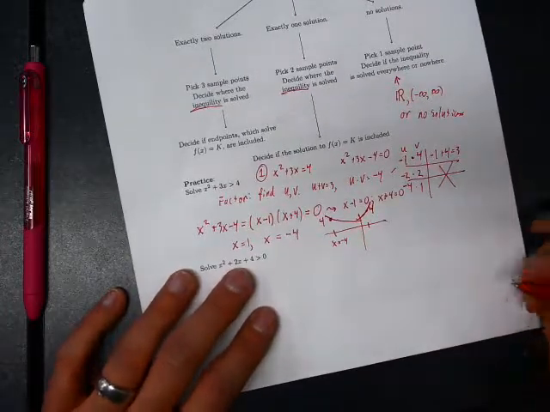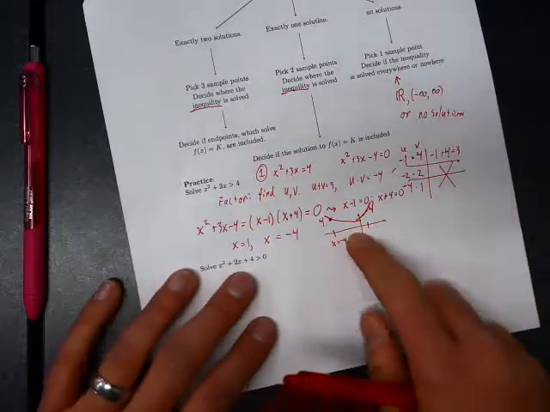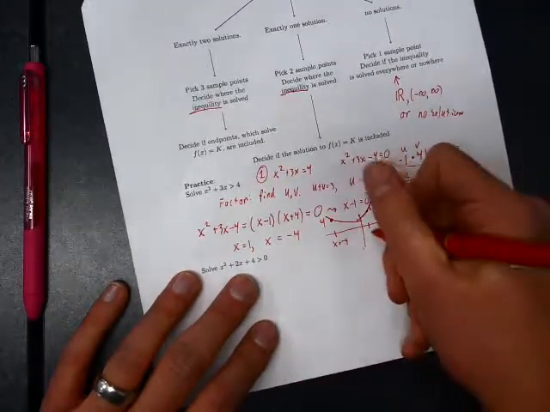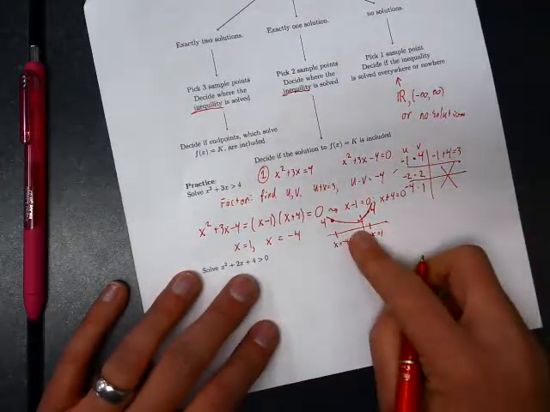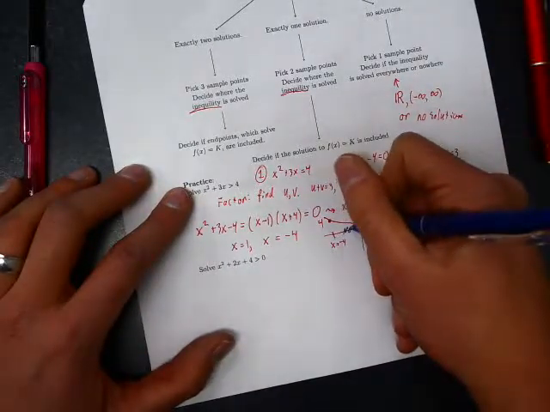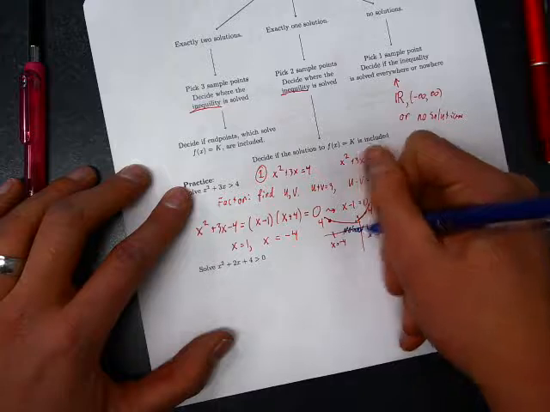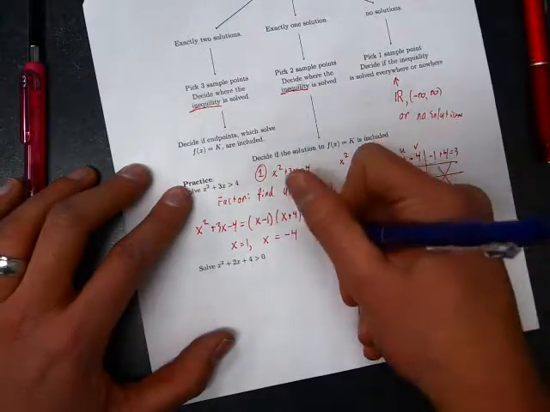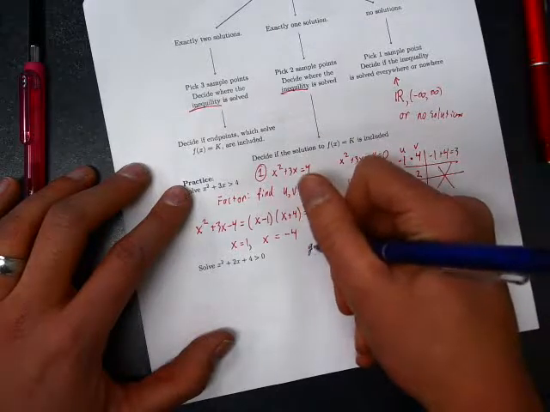Now let's play the sample point game. So it looks like any sample point between negative 4 and 1 will have a y value that's less than 4. So these are all bad. These are all no good. But things out here are good. Things to the left of negative 4 are also good.